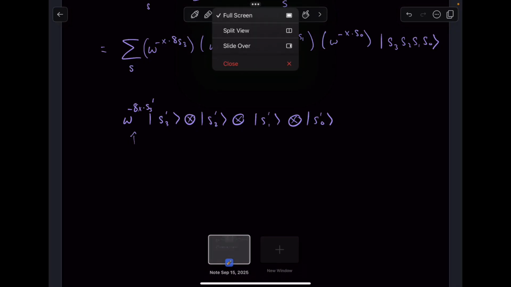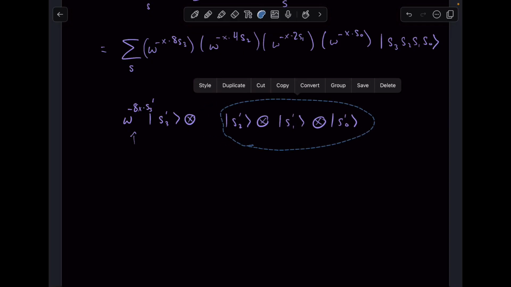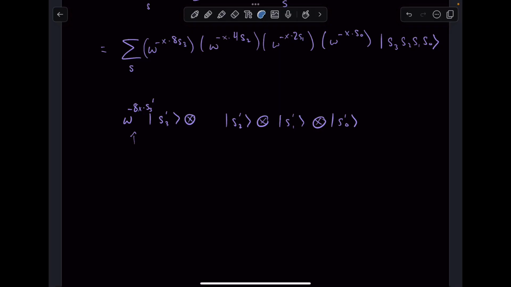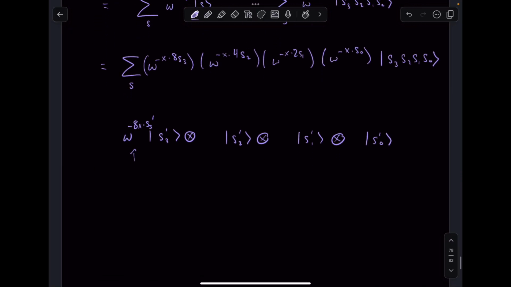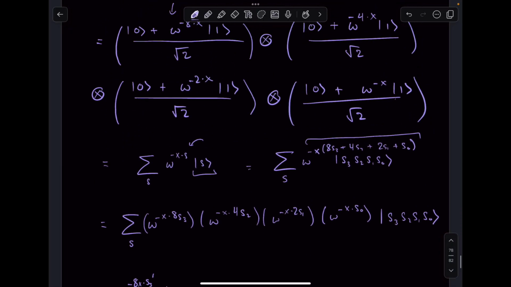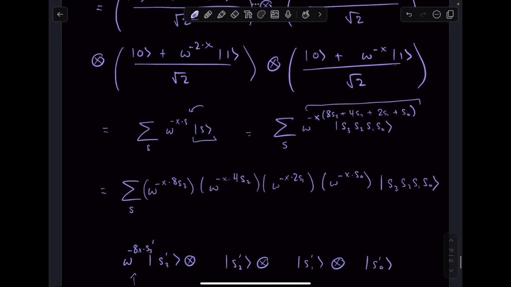Let me just make some space here. Okay, I don't really have to even write all this out, but I might as well. Doing the same thing for S prime 2, we get a conditional amplitude of omega to the minus 4x.